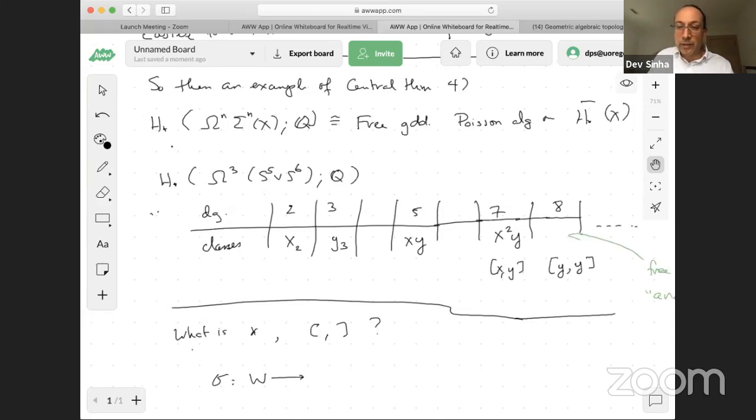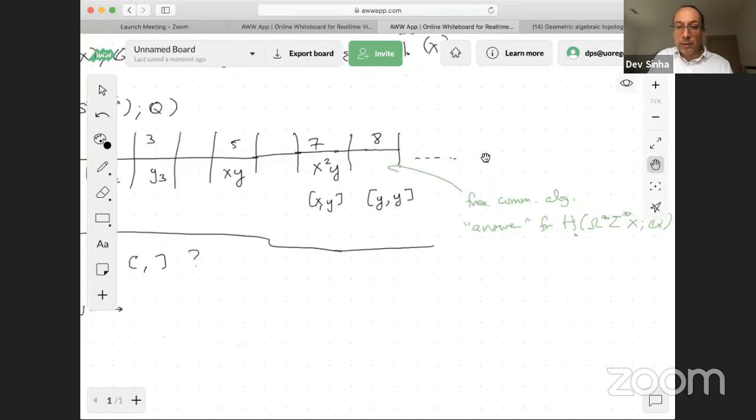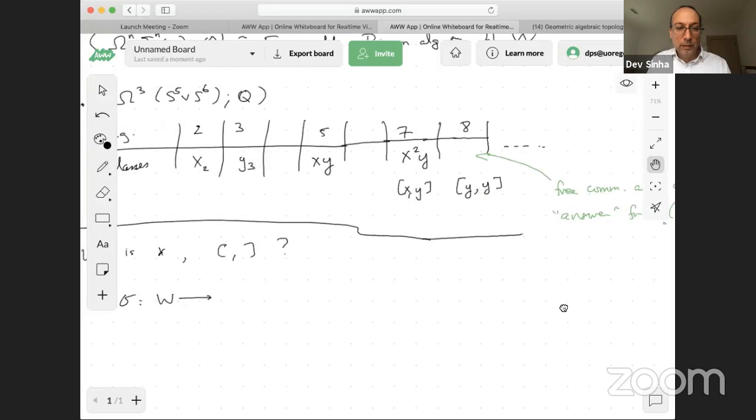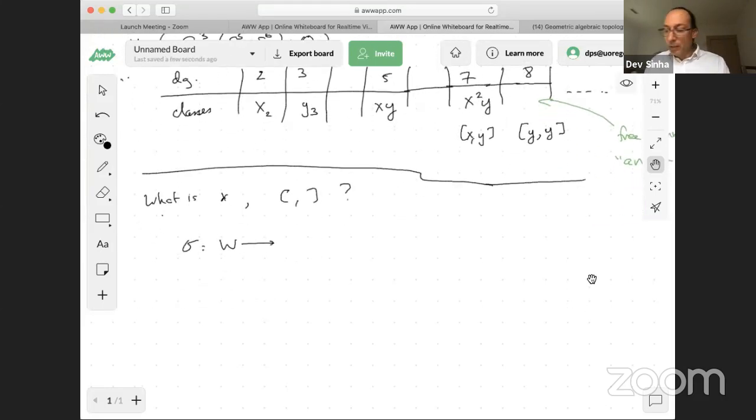Not that we've talked a lot about why we care about that particular calculation, but over the rationals, the story is very simple. You just take the homology of x reduced and look at the free commutative algebra on that. That's the same answer you get from like SP infinity as well.